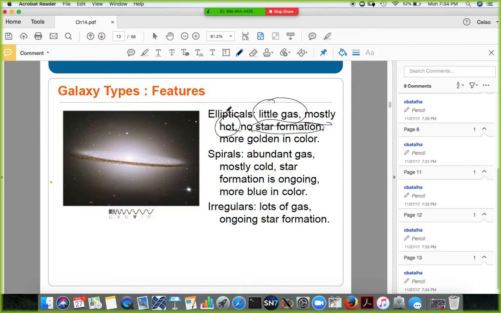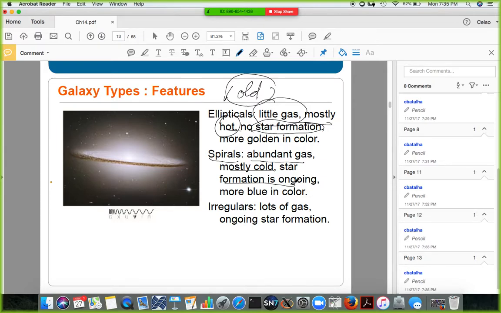Okay. Now, the spiral galaxy is different. You do have cold gas, and star formation is going on. When you look at elliptical galaxies, stars are old. In general, they are an old population because star formation is gone. The stars that can be found there are pretty much done. They evolve and they are pretty much waiting to die. In spiral galaxies, star formation still goes on, and new stars are being formed every year.